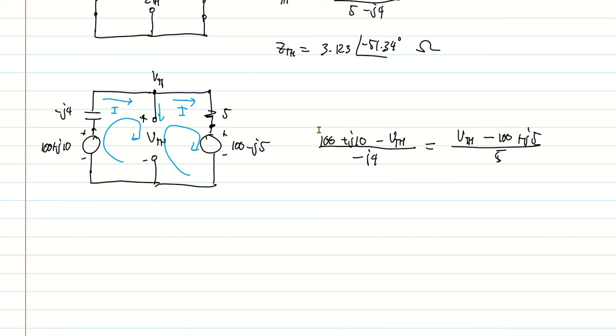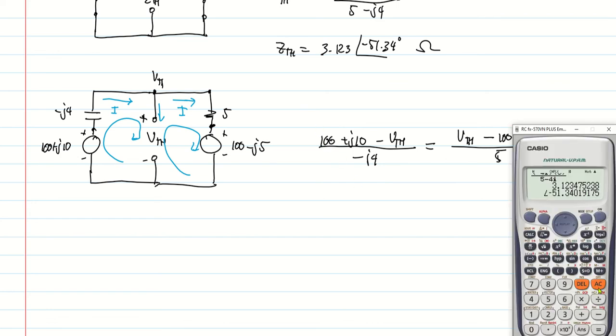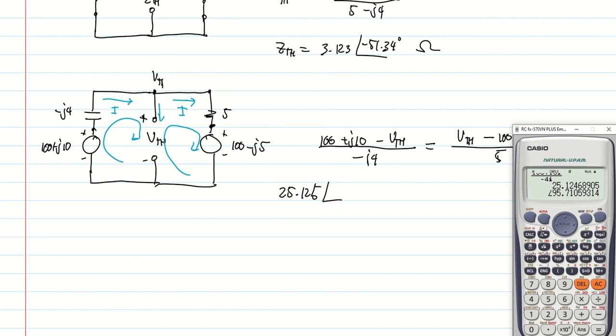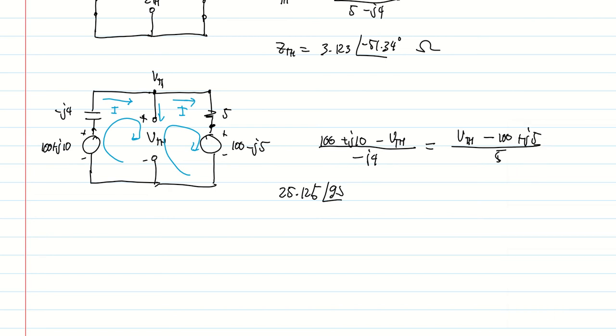So we can divide 100 plus j10 all over negative j4. So we have 25.125 angle 95.71. Then this is negative 1 VTH divided by negative j4.